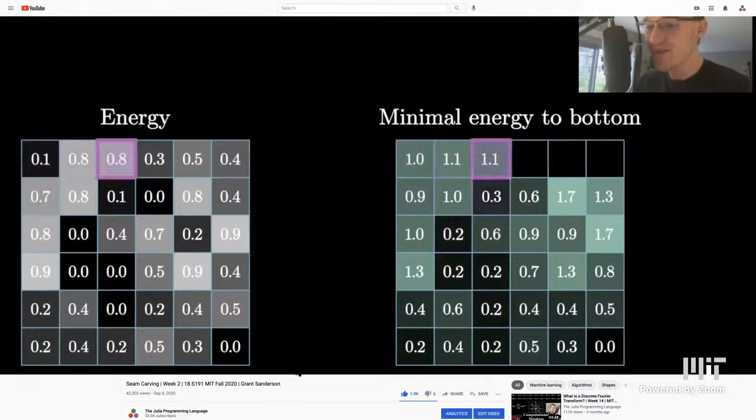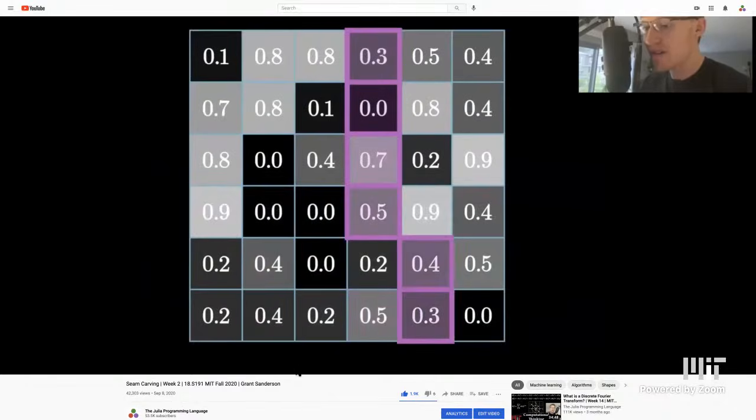But this still gives us a way of finding the globally optimum choice for a path from the top to the bottom. Because, for example, let's say I'm starting from the pixel we were looking at earlier, this 0.31. All I have to do is look at that, and with each step on the way down, simply go to the lowest. So I go to the lowest neighbor here, that's 0.3, the lowest neighbor there, that's 0.2, and keep doing that, and what I'll find is a minimal path, which you'll notice that 0.6 should be familiar from what our globally exhaustive search doing it the inefficient way ended up finding.